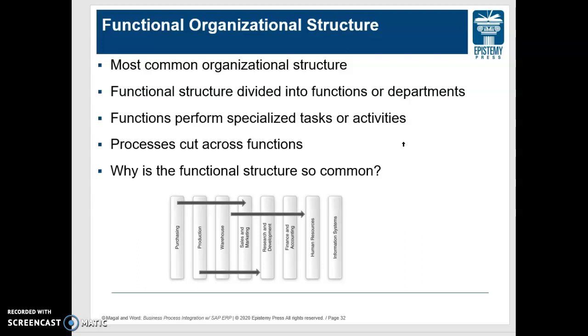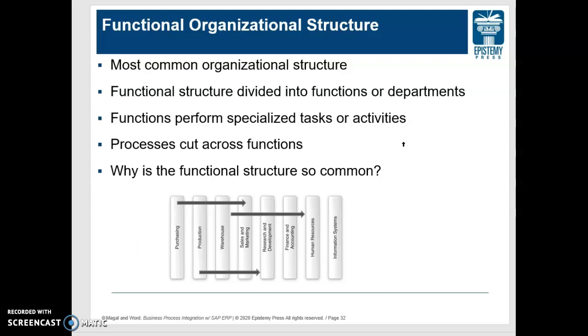However, most companies perform processes, and these processes use multiple functions. So if we're buying something, we're going to use our purchasing department to buy something. We're going to use our warehousing department to receive those goods. Our accounting department is going to pay that supplier.